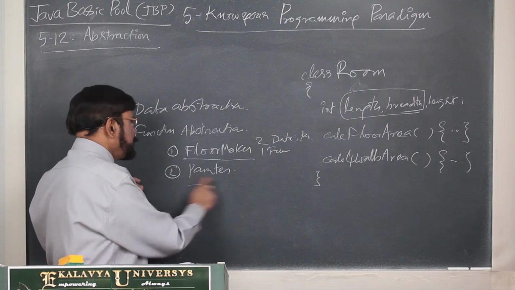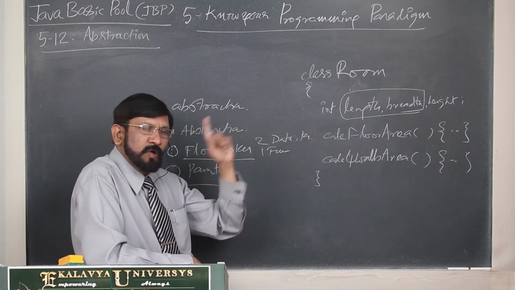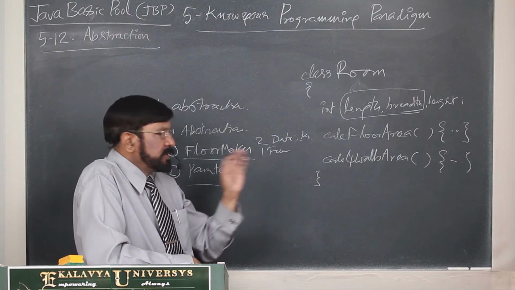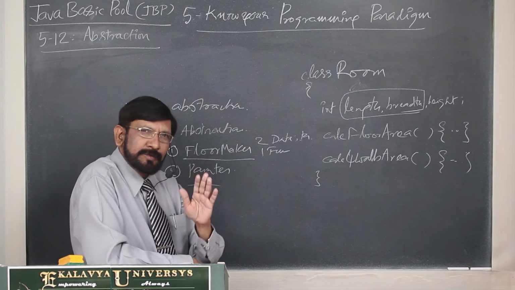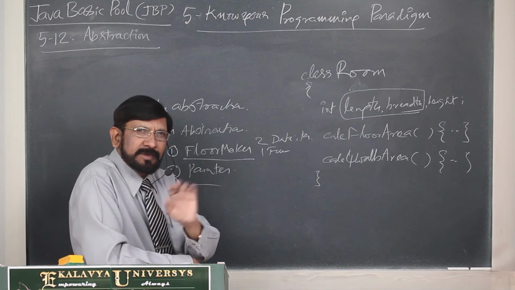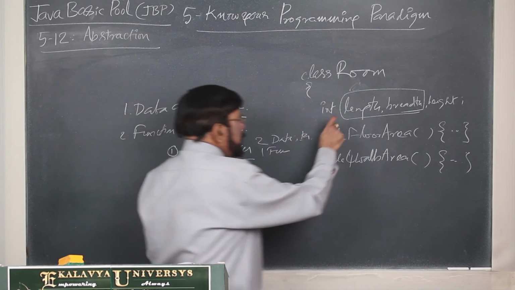Next, let us come to the painter. The painter paints the walls. So what is the formula for that? 2 into height into length plus breadth, simply 2h(L+B). Now all three are required.